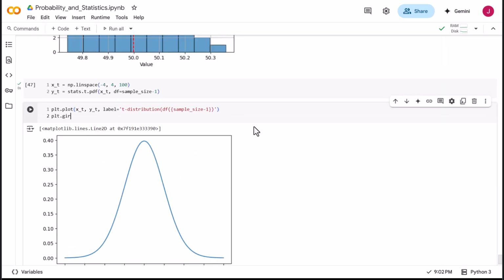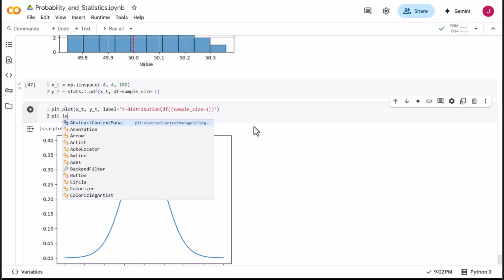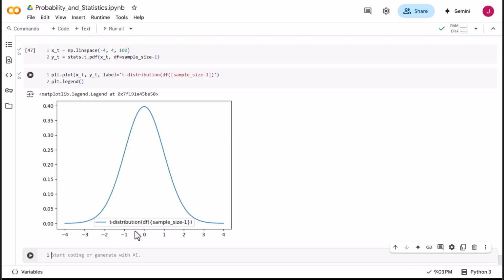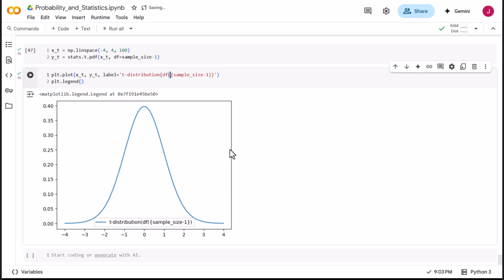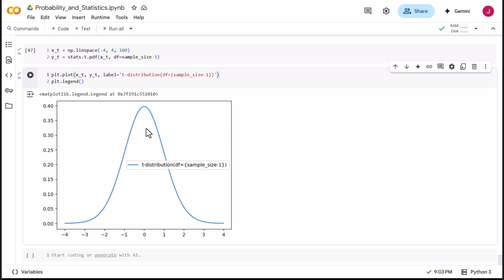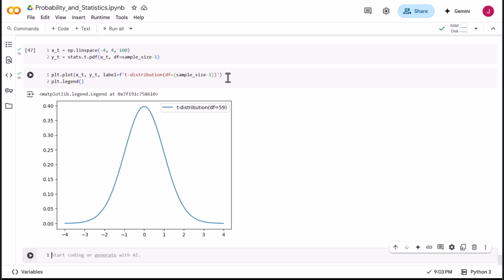So if we add plt.legend, so t distribution and df is equal to sample size minus 1. It should be here. That's correct.